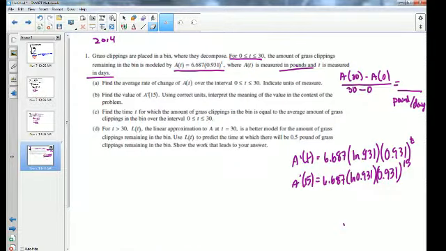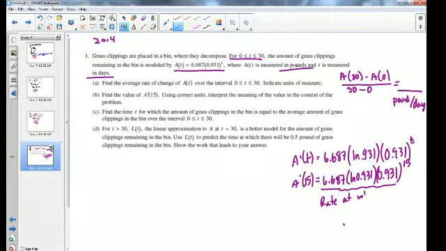Using correct units, interpret the meaning of the value in context of the problem. Grass clippings decomposed per day. It's a derivative. So yeah, you're right. This is the rate at which clippings decompose, in pounds per day, right?